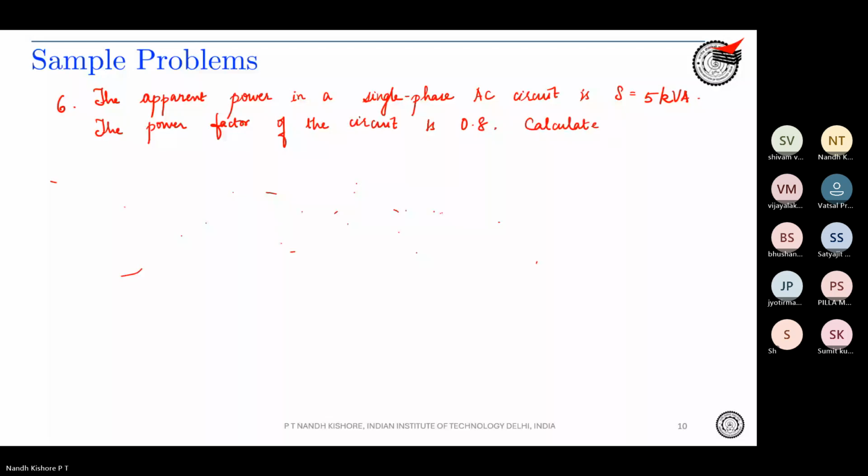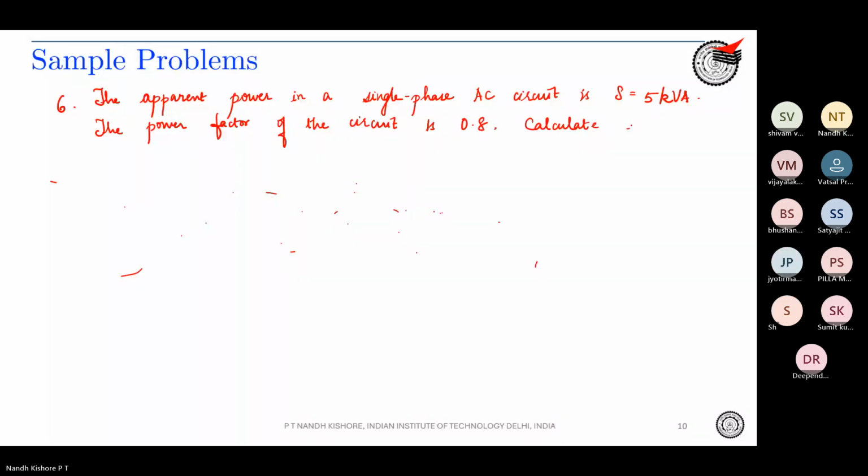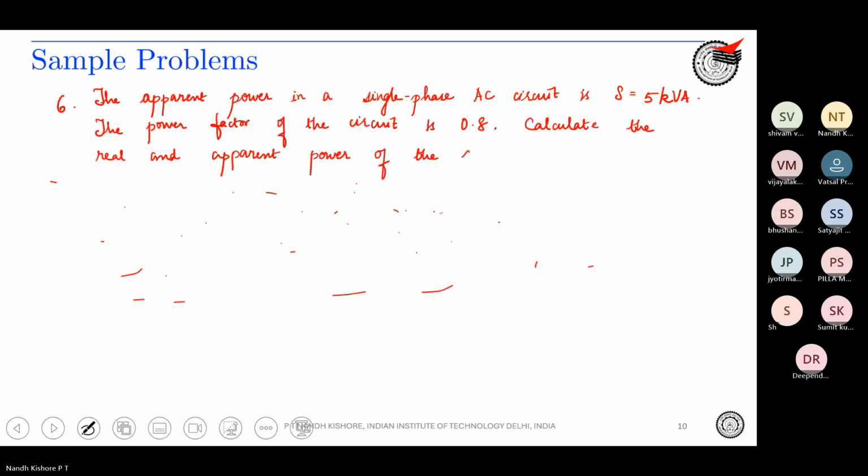Calculate the real and reactive power of the circuit.